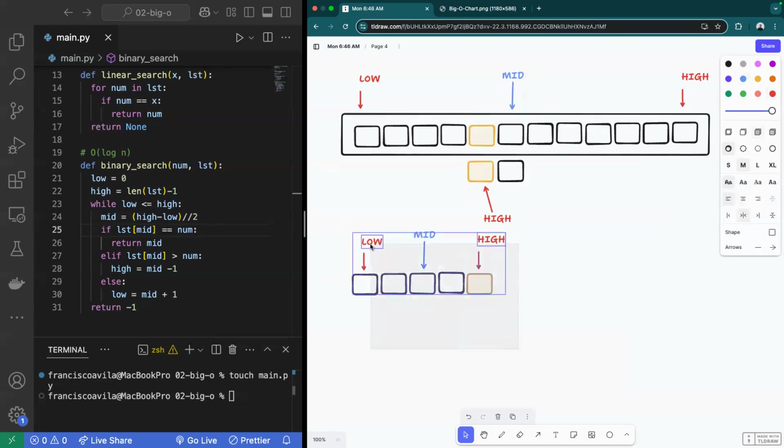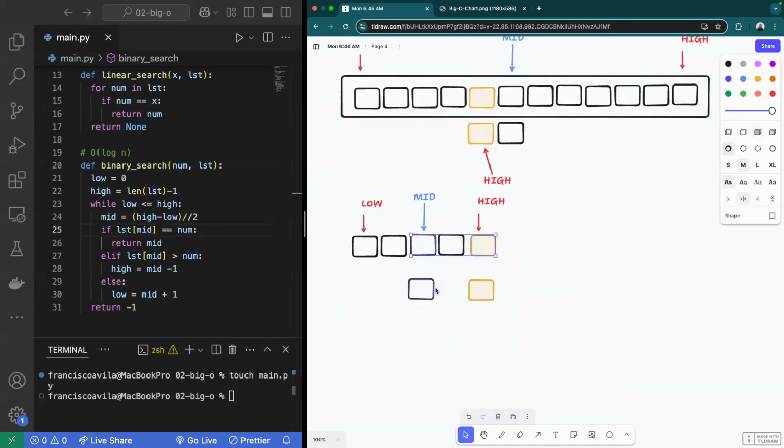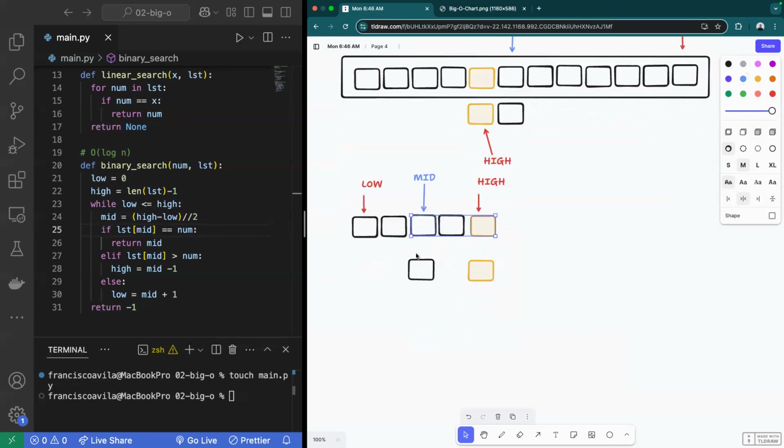In this iteration, the question being asked is about the middle: is it less than the number that we're looking for?